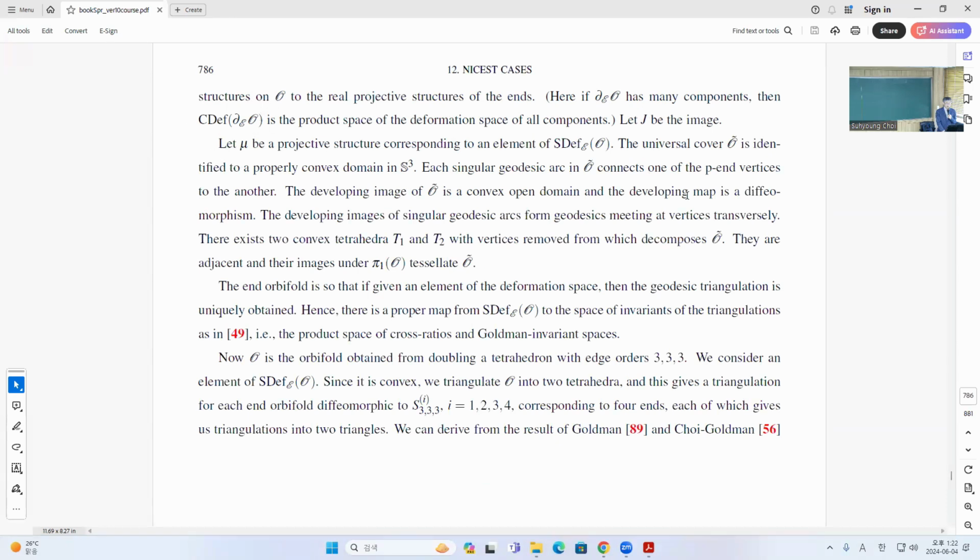This is a bigger space, and then you can show that this space is obtained by gluing two convex tetrahedra, and you can write this as a space of invariants of triangulation. So this is obtained by doubling a tetrahedron with edge orders 3, 3, 3. You can triangulate it into two tetrahedra, which gives each orbifold, a sphere with 3, 3, 3 singularities.